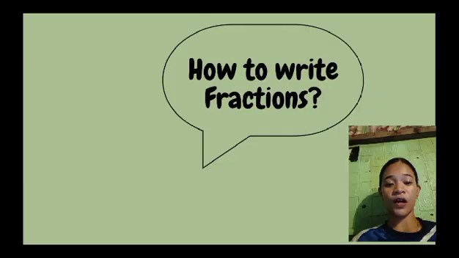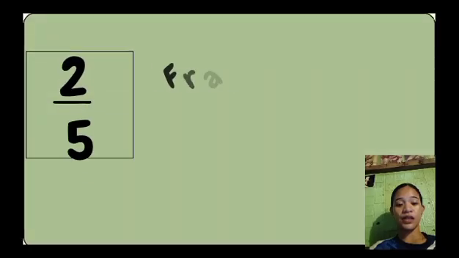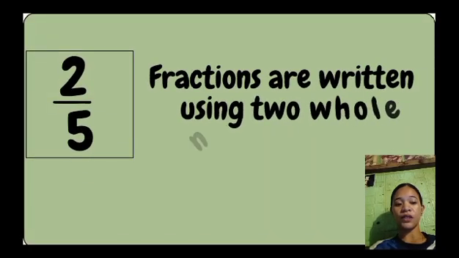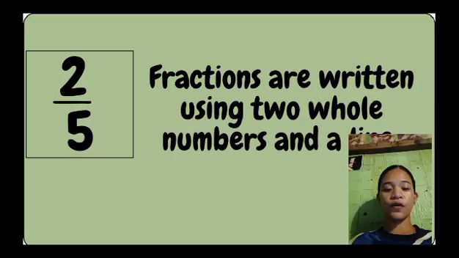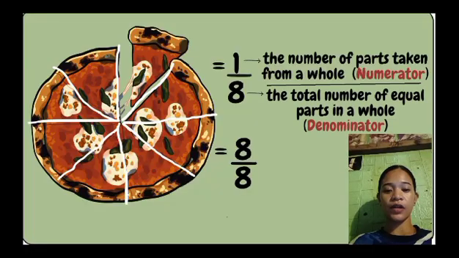How to write fractions? As you can see, fractions are written using 2 whole numbers and a line. For example, I have here a whole pizza. I divided it into 8 slices. So I decided to eat 1 part of the pizza.